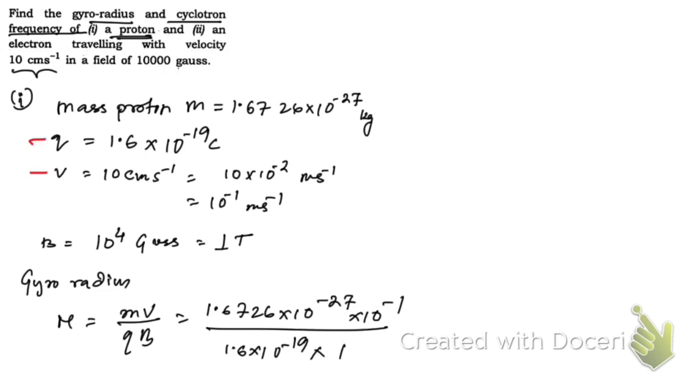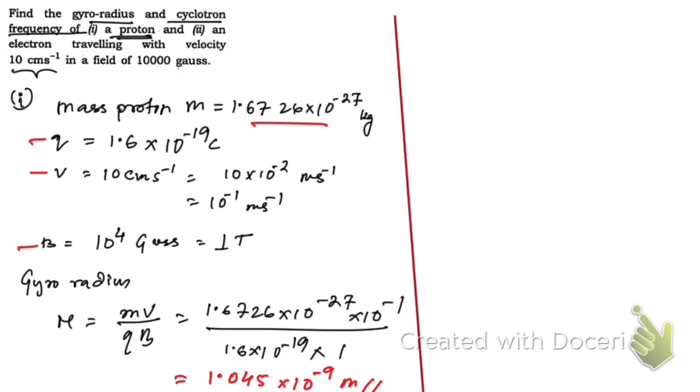So I have used these values in this formula. If you calculate this, then you will have approximately 1.045 into 10 to the power minus 9 meter. That's what you will have. Okay, so now we need to find the cyclotron frequency. So just let me divide the page. Cyclotron frequency.